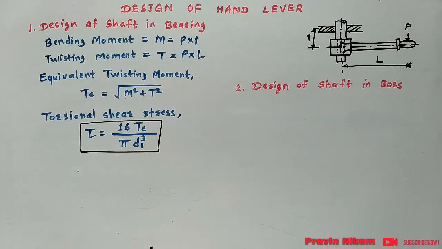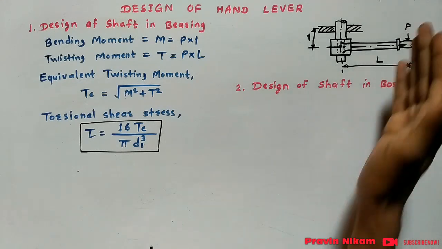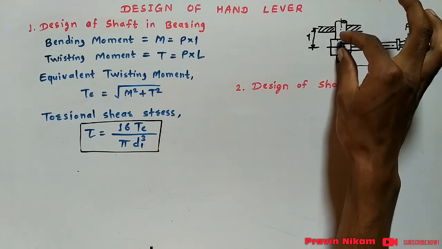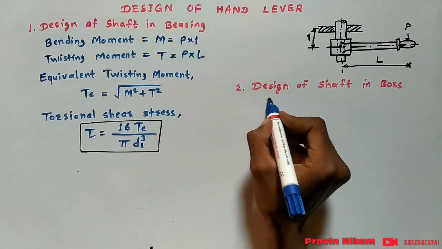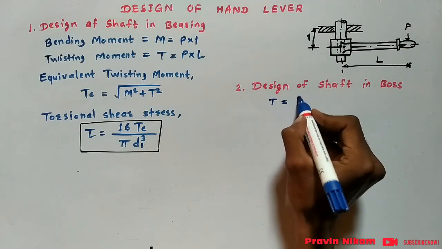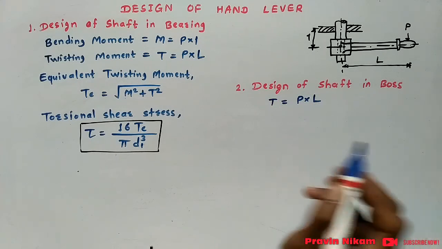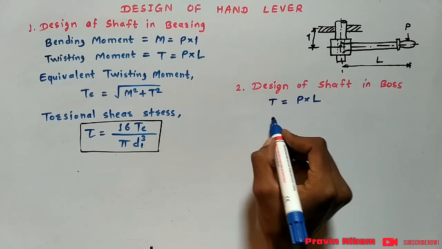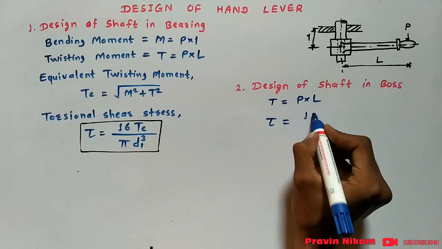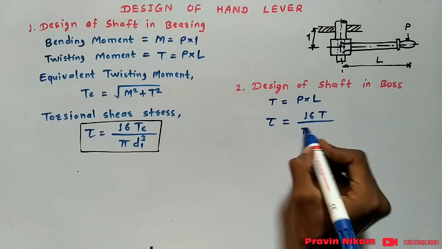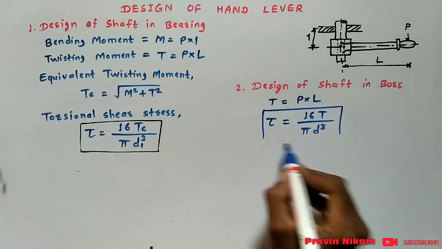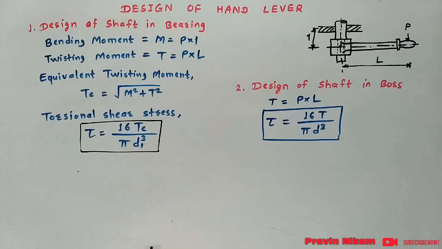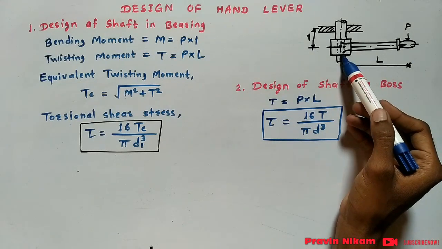On the shaft in boss there is only twisting moment, that is P into L. So the torque T is equal to P into L. By using the relation for torsional shear stress, tau is equal to 16 T divided by pi d cube, you can find the diameter of the shaft in boss.